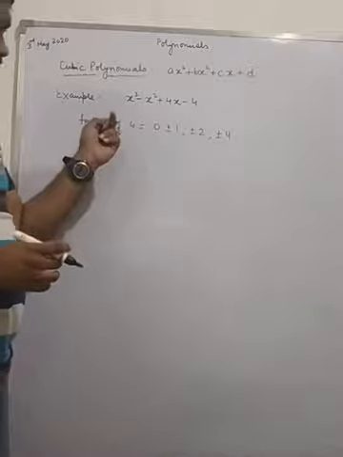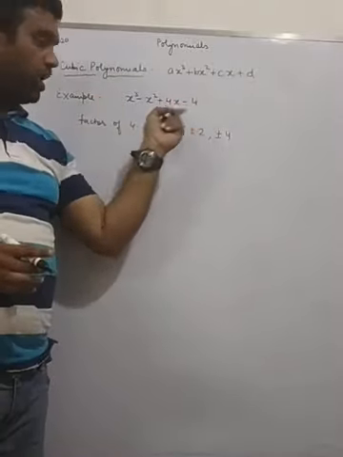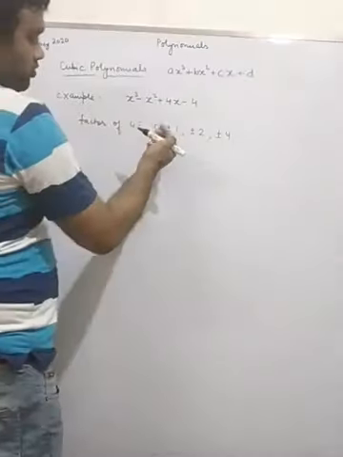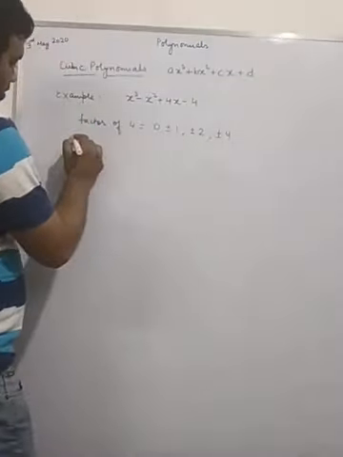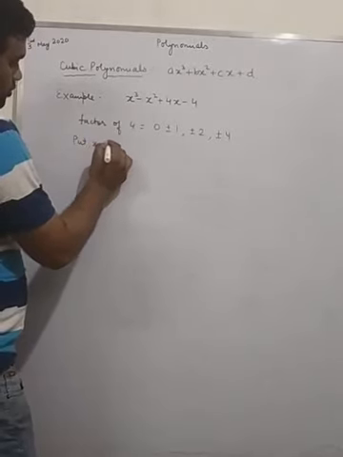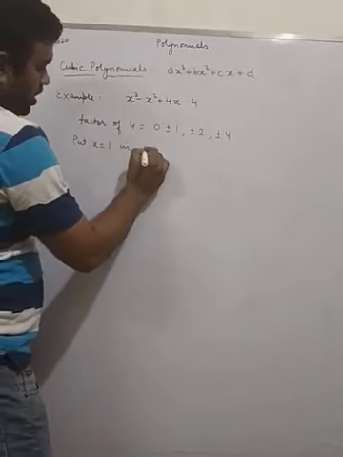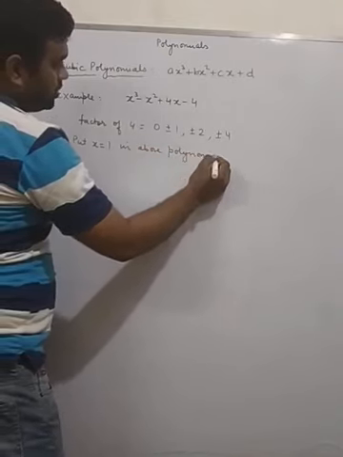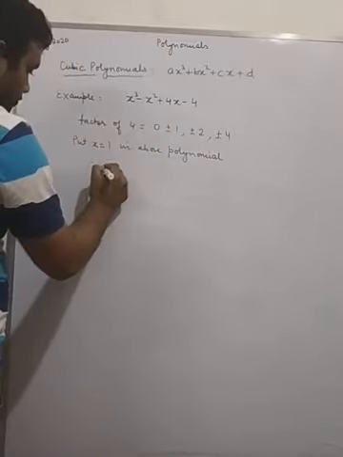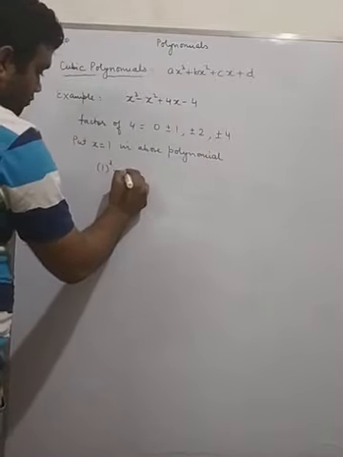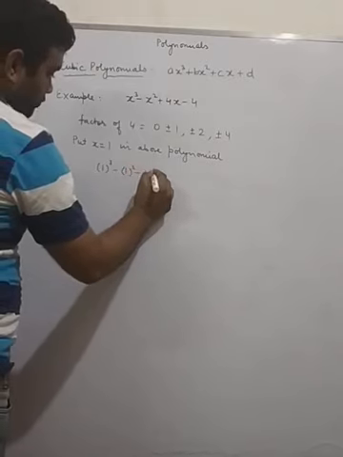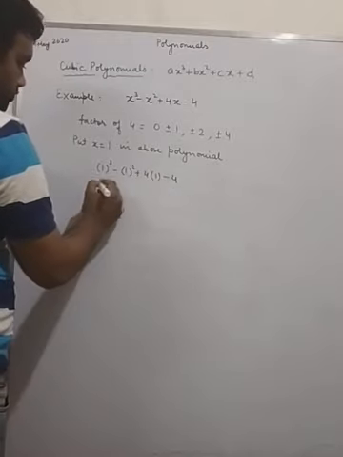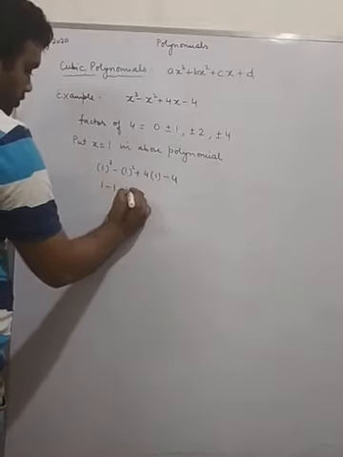This polynomial can't be equal to 0 at 0 because it is clear there is a constant term. So we start putting the values from here. Let's put x is equal to 1 in the above polynomial. This will give me 1 cube minus 1 square plus 4 times 1 minus 4, that is 1 minus 1 plus 4 minus 4.